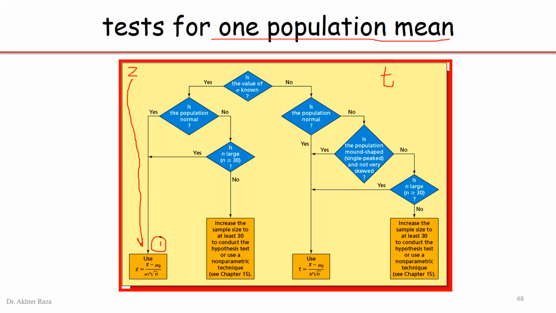This is testing procedure 1, and this is testing procedure 2. These two procedures will be used if the population is normal or the sample size is large, if any of the two conditions is fulfilled. If sigma is known, T1 is used. If sigma is unknown, T2 is used.